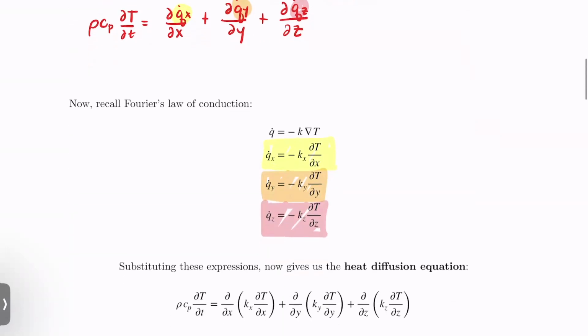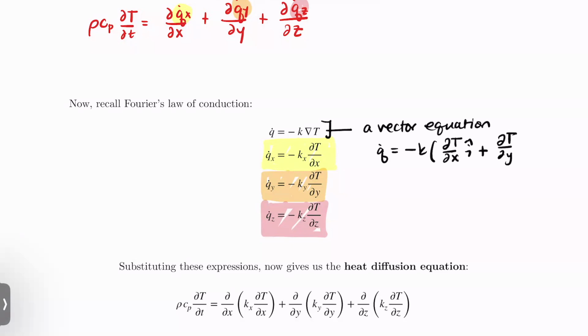And just to remind you, the base equation for Fourier's law of conduction is this one. This is a vector equation. If you remember, this is q dot equals minus K times partial T partial X i hat plus partial T partial Y j hat plus partial T partial Z k hat.